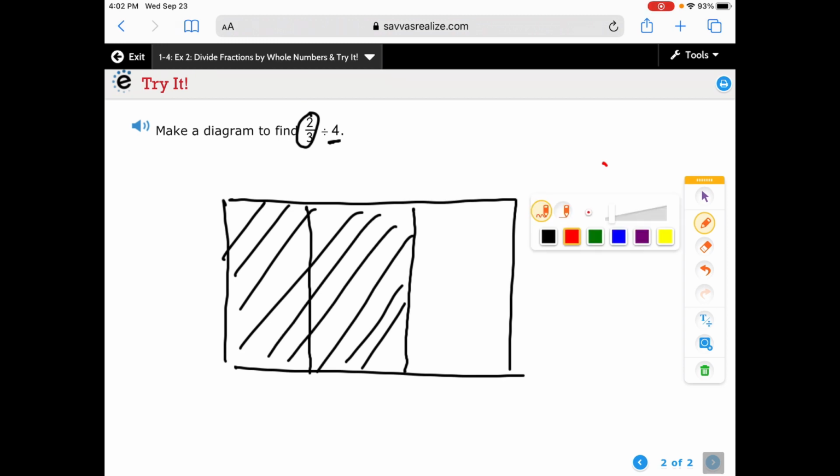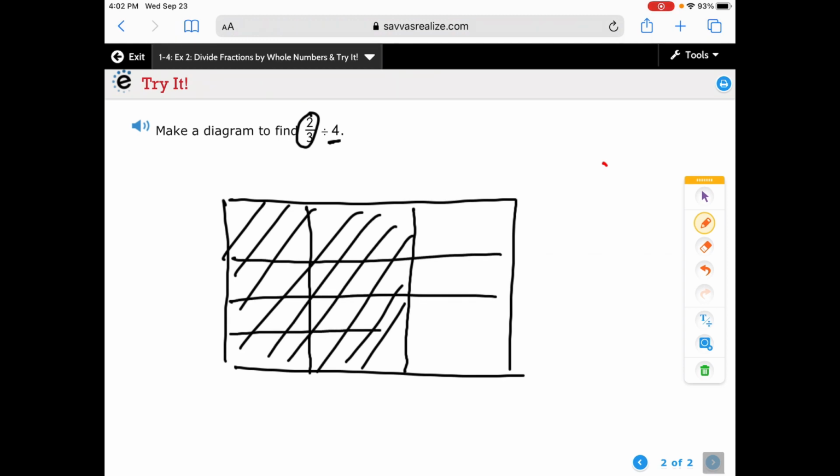So let's break that whole thing into 4 parts as well. And then where we cross over is right here. So we can see that that's 2 out of 12, which is the same thing if we reduce to 1/6.